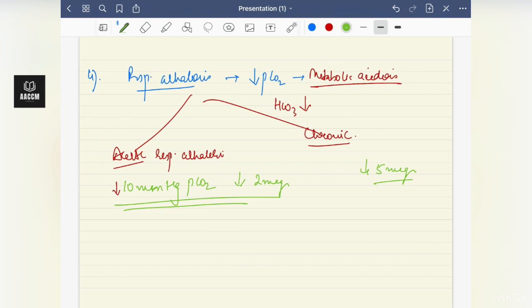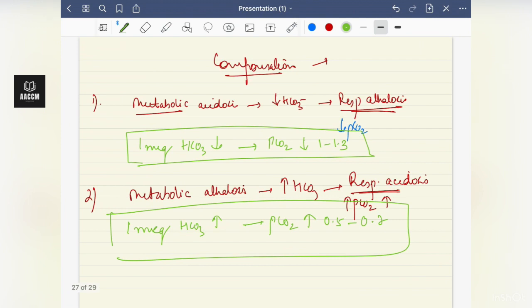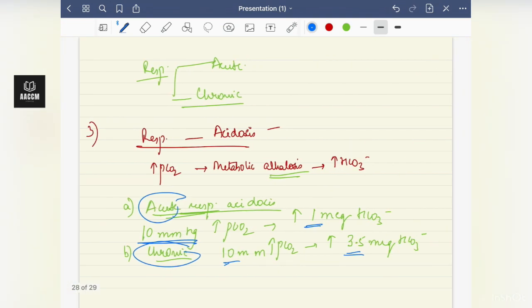Okay, so guys, this is a very easy formula to remember. Here the change is 1 for 1 for easy remembering in metabolic acidosis. For metabolic alkalosis, it is 1 to 0.5. For the acute event, for every 10 change it's 1. For the chronic part in the acidosis, 10 to 3.5, so you can remember it as 1, 3.